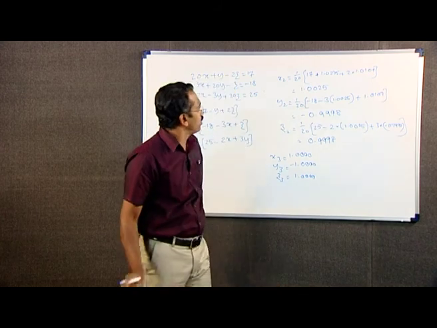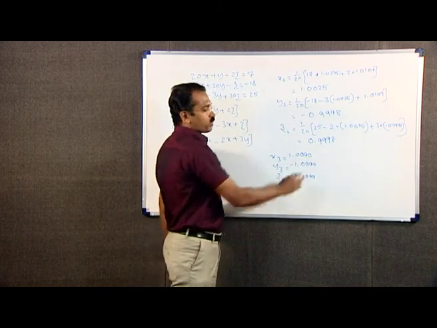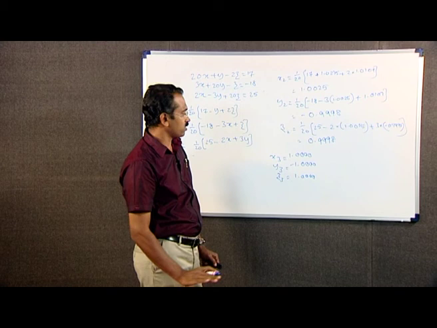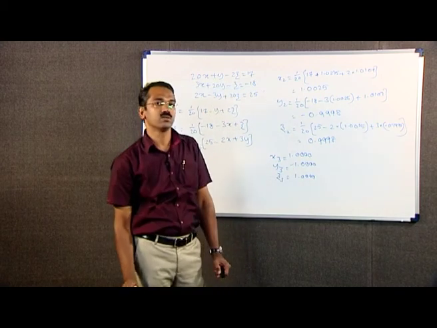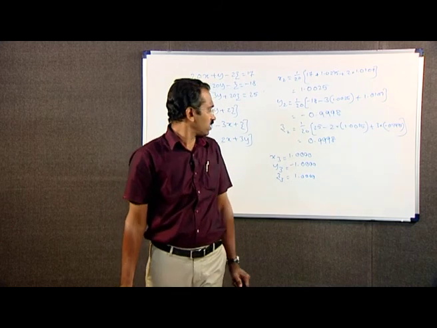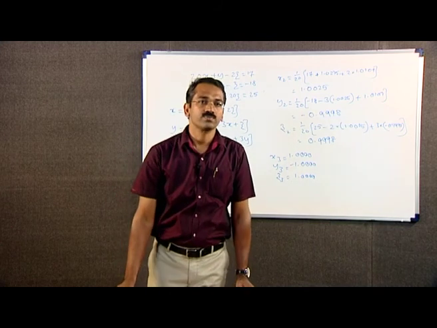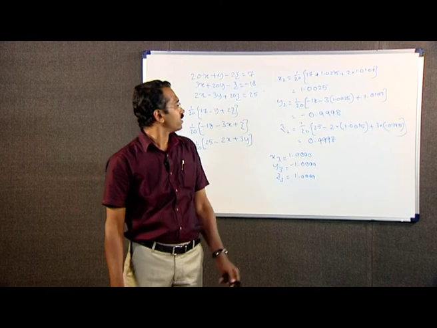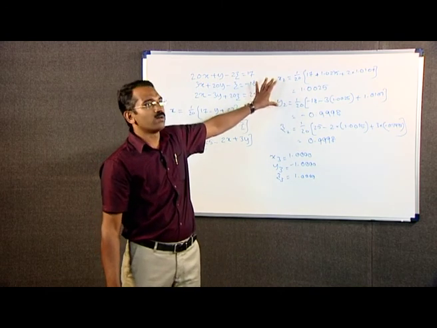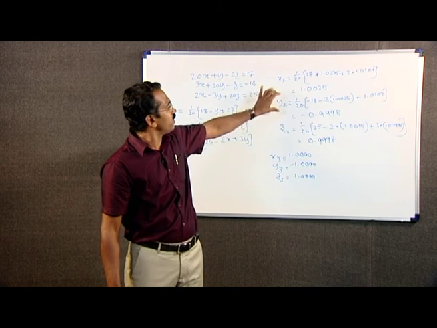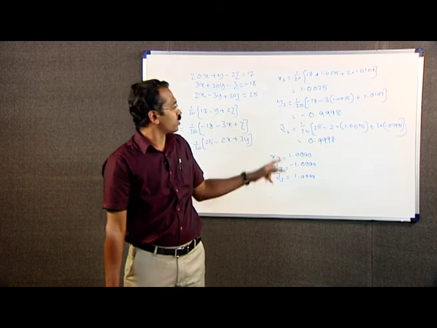Therefore, we can take the approximate values of the required solution as x equal to 1, y equal to minus 1, and z equal to 1. In this method, we used the latest values of unknowns in the next approximations.